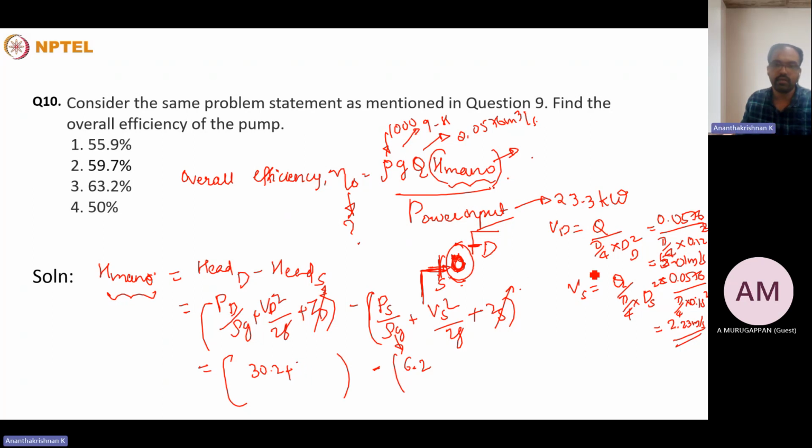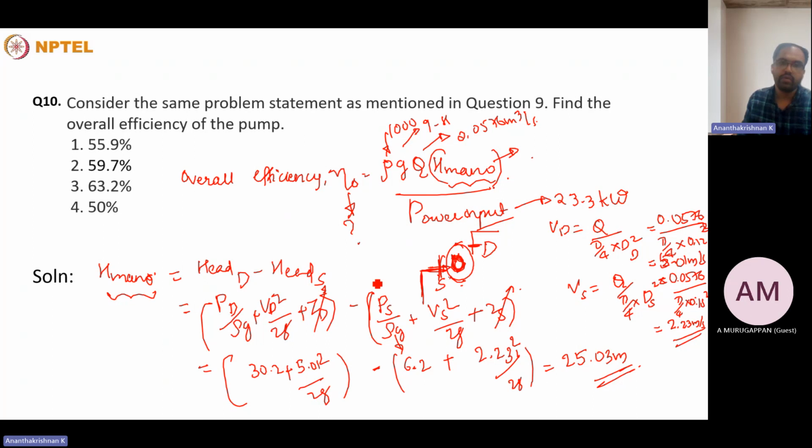Substituting these values of velocity in this equation, Vd squared divided by 2g is 5.01 squared divided by 2g, and Vs squared is 2.23 squared divided by 2g. Overall, the manometric head comes as 25.03 meters.